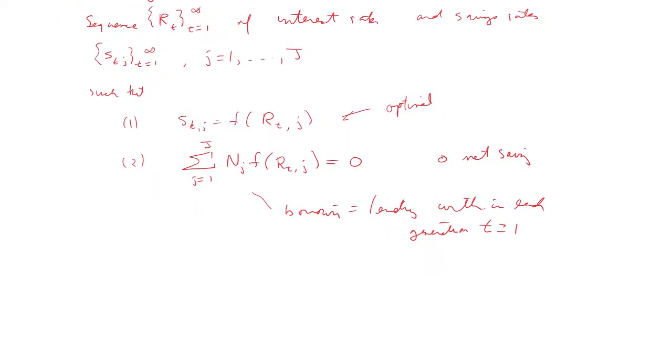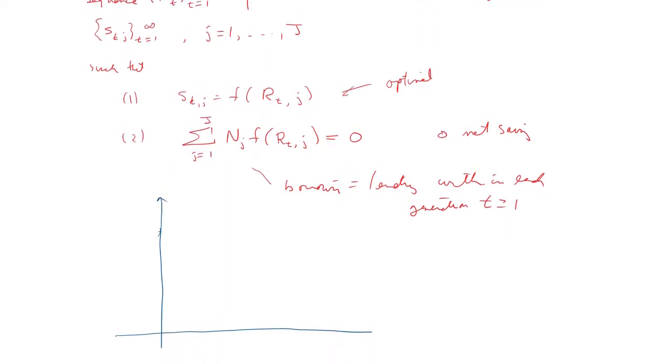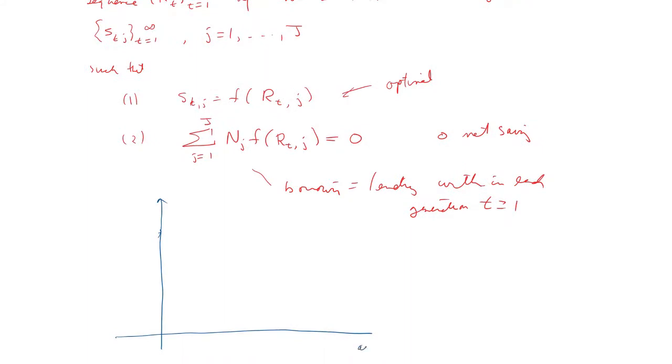I'm going to draw a picture of what this looks like. It's quite easy. This is a famous diagram. On this axis, I'll put aggregate saving, which is equal to the summation of n_j f_j of r_t over the different types. That's what this is. It's a function of r.